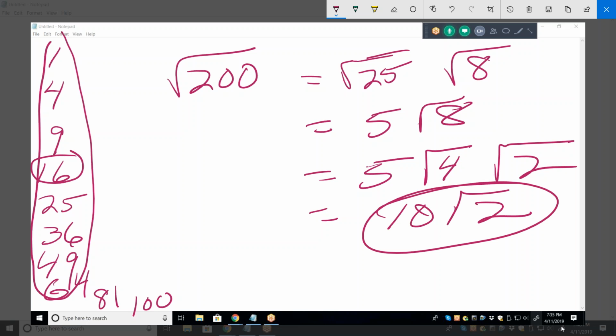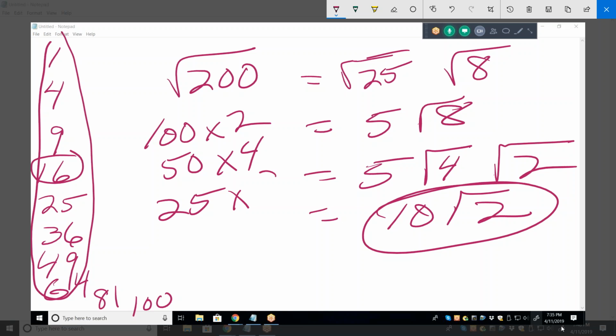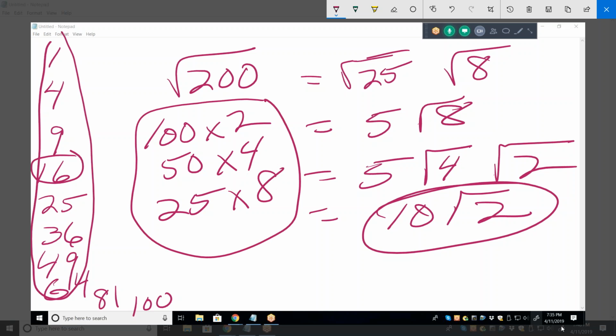So I think you can start to see that the bigger you can find the factor, the better. I've got lots of choices of factoring 200. I can factor it like this, like this, or like this. I can do any of those, and they all have perfect square numbers in them. There's a perfect square, there's a perfect square, there's a perfect square.